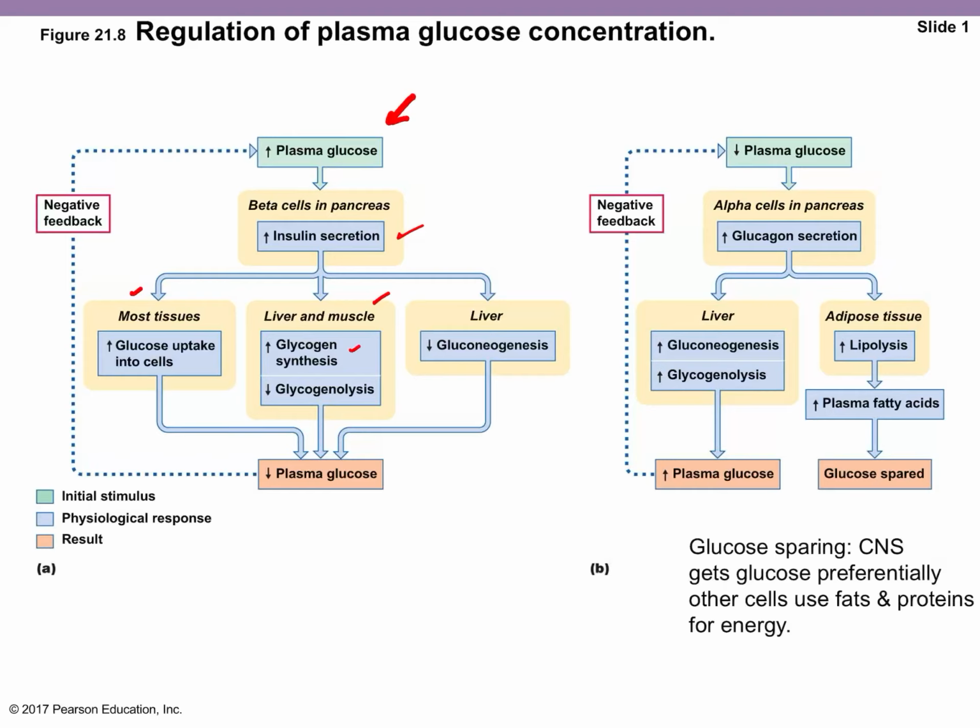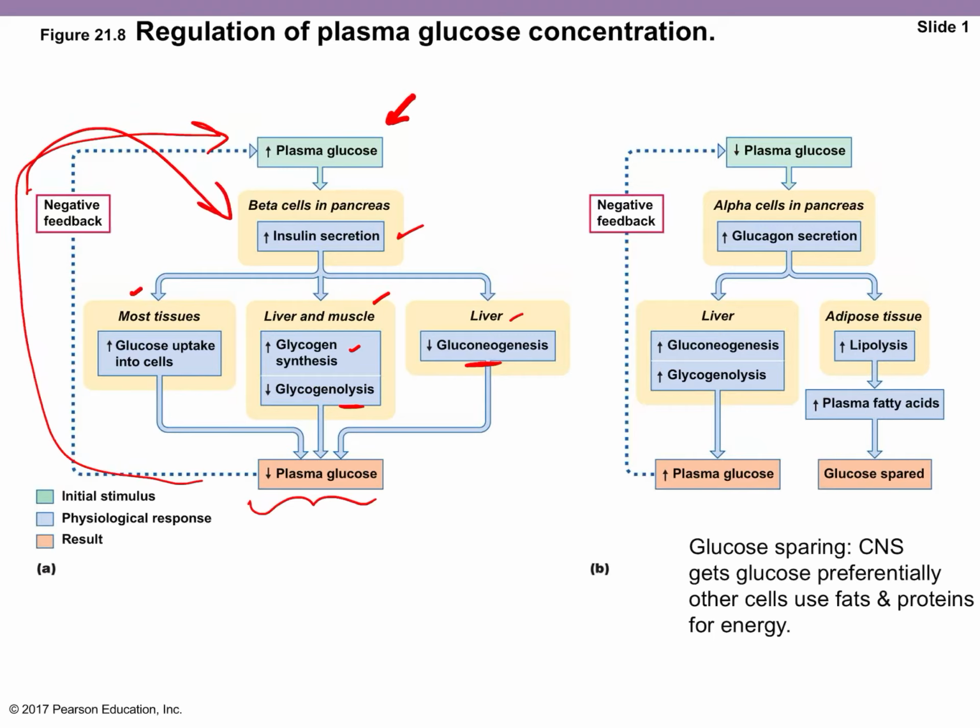They're going to promote glycogen synthesis. Remember, insulin is anabolic, and it's going to shut down glycogenolysis, right? So we're going to build up our glycogen stores in muscle and in the liver. In the liver also, we're going to shut down gluconeogenesis, right? So all these processes are going to decrease the plasma glucose level, which negatively feeds back to here, right? So the insulin levels will go down.